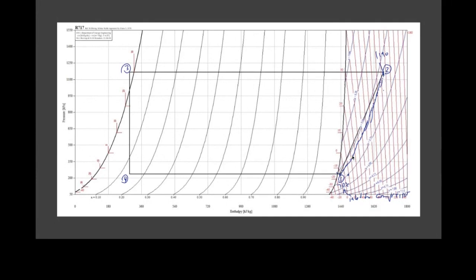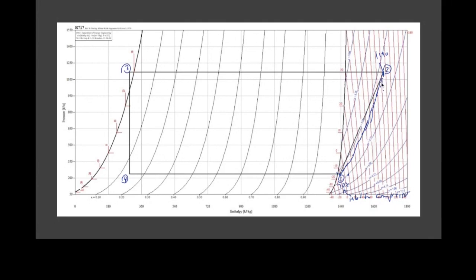Realistically, it should be a curved line that follows the isentropes, but the program just draws a straight line from point 1 to 2. So there's our adiabatic compression.